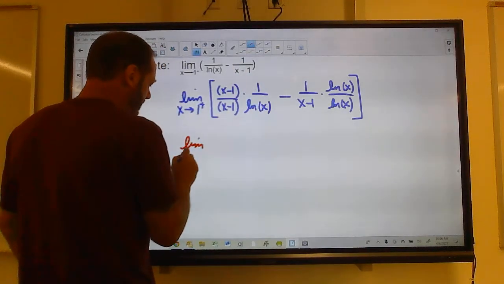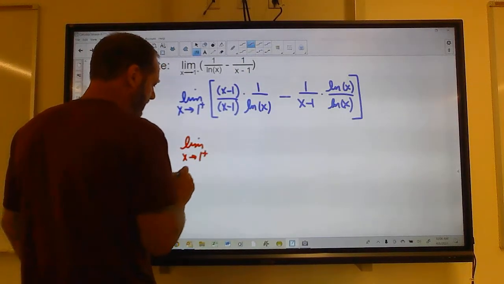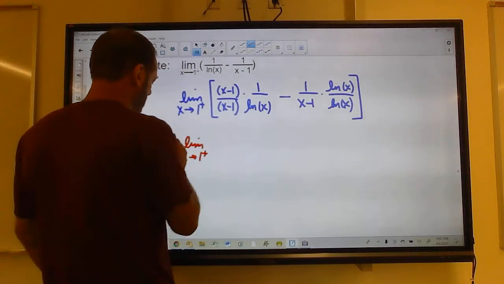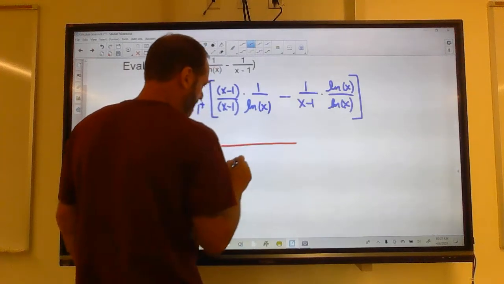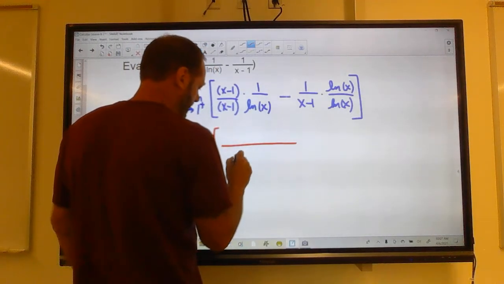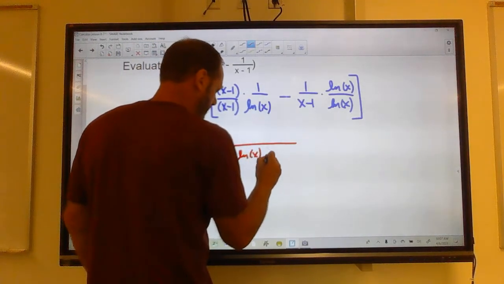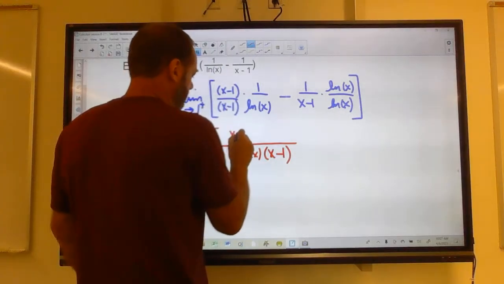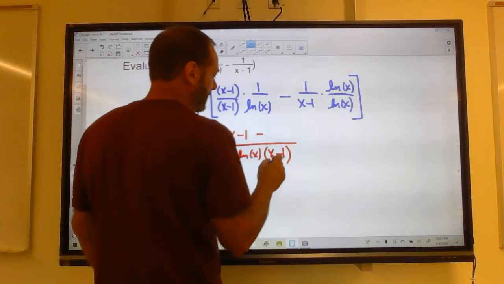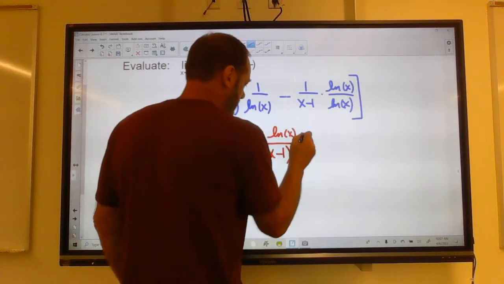So my limit as x goes to 1 from the positive side, this is going to be a fraction where I've got natural log of x times x minus 1 on the bottom. Here I'm going to have x minus 1 minus the natural log of x.